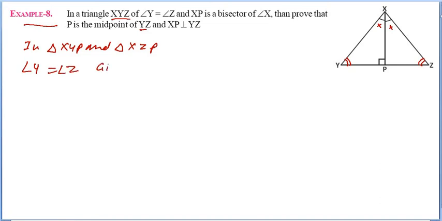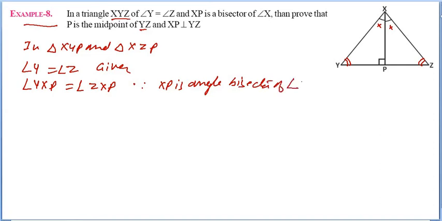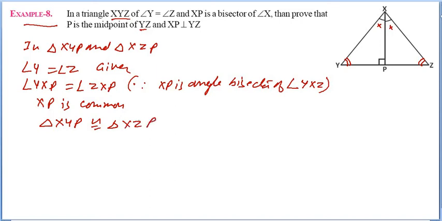And the angle YXP is equal to angle ZXP. XP is angle bisector of angle YXZ. Now one thing, XP is common. तो तीन चीजें हो गई इसमें. So it is congruent. So you can write here the triangle XYP congruent to triangle XZP.